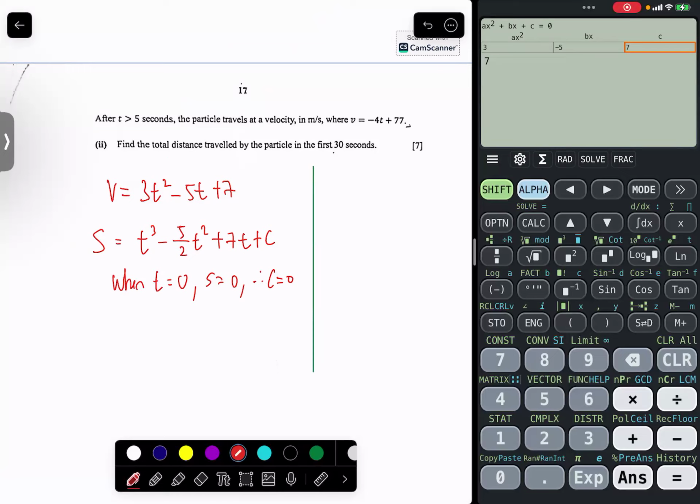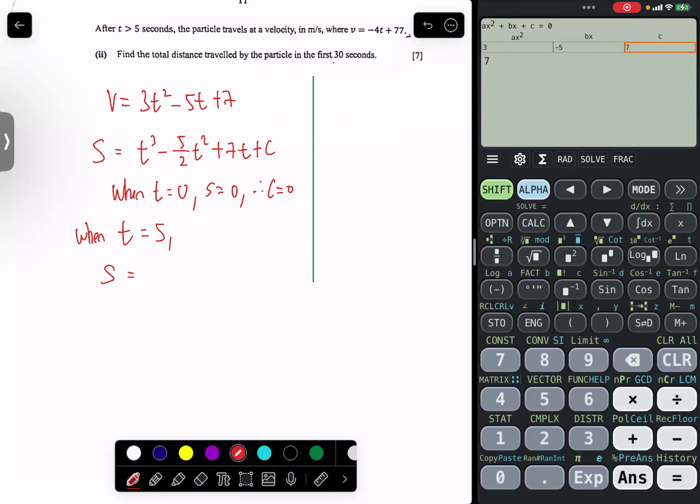So when t equals 5, s equals 5 cubed minus 5 over 2 times 5 squared plus 7 times 5, which equals 97.5.